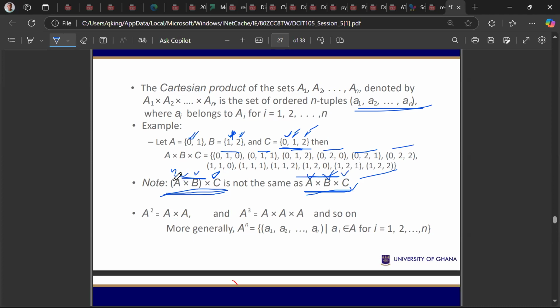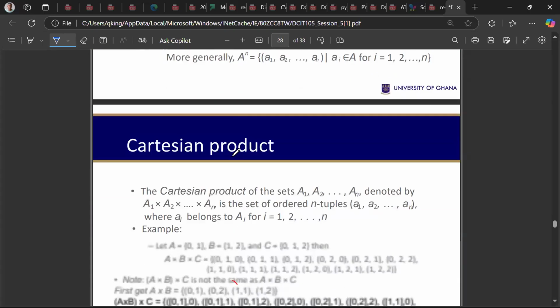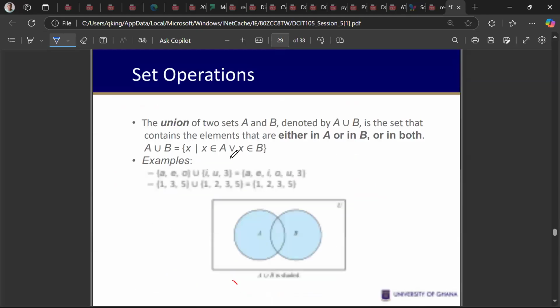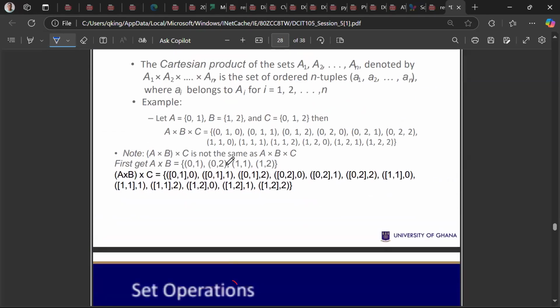But here, the difference, the reason why it's not the same, is because of the presence of the parenthesis and the result here as well. And so let's take note.